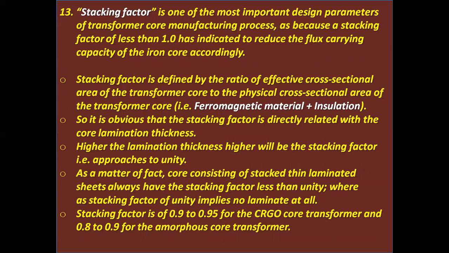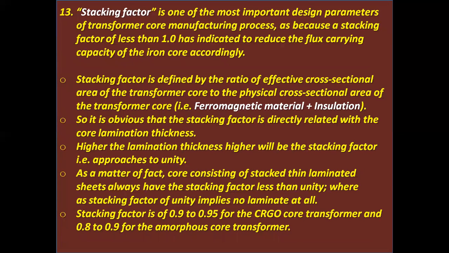Number 13, stacking factor is one of the most important design parameters of the transformer core manufacturing process, because a stacking factor of less than 1 indicates a reduced flux carrying capacity of the iron core accordingly.